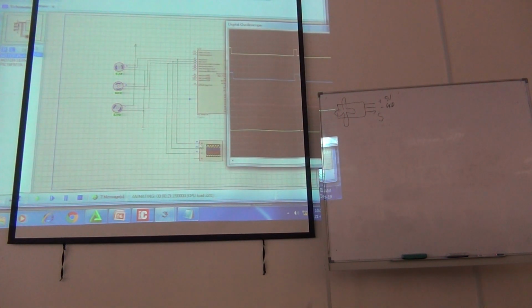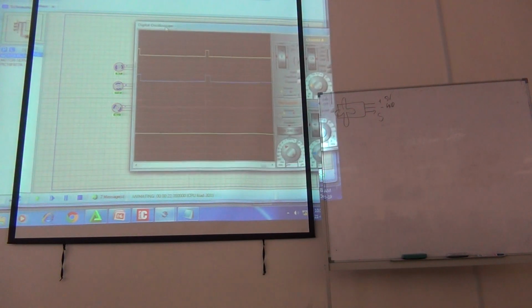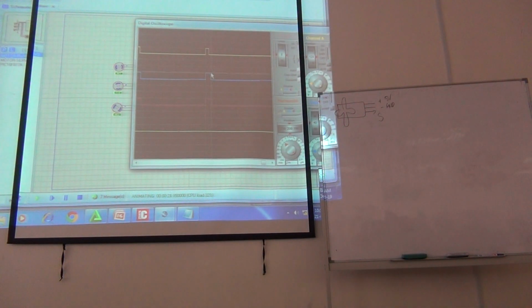The first is RA0, the second one is this one, and the third one is this one. I generate the PWM accordingly to what the slide says to control it correctly. How to generate it? You have to learn Timer 0 today. Timer 0 is a bit confusing, so I think I will teach you that one.